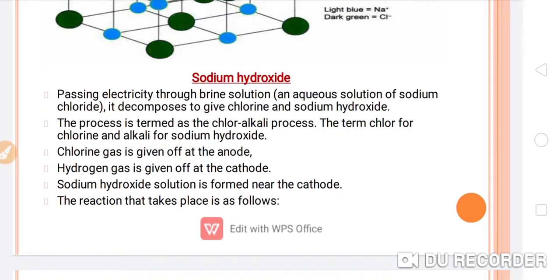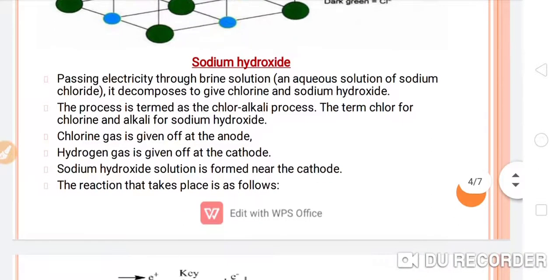It decomposes to give chlorine and sodium hydroxide. So on electrolysis of sodium chloride, we will get sodium hydroxide and chlorine gas. The process is termed the chlor-alkali process. The term chlor is for chlorine and alkali is for sodium hydroxide.